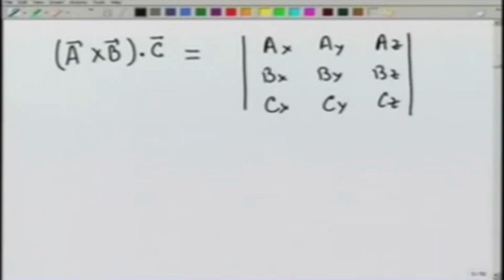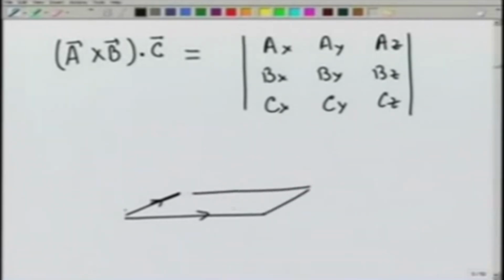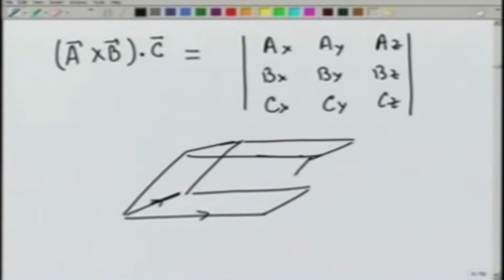Its value is equal to this, and this has a geometric interpretation: if I form a parallelepiped by vectors A, B and C, it is the volume of this parallelepiped. So, that is the geometric interpretation.